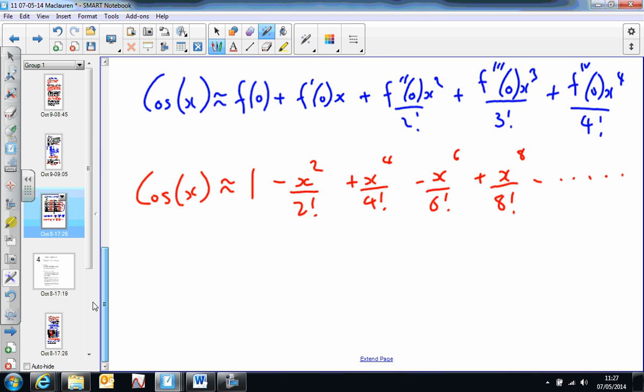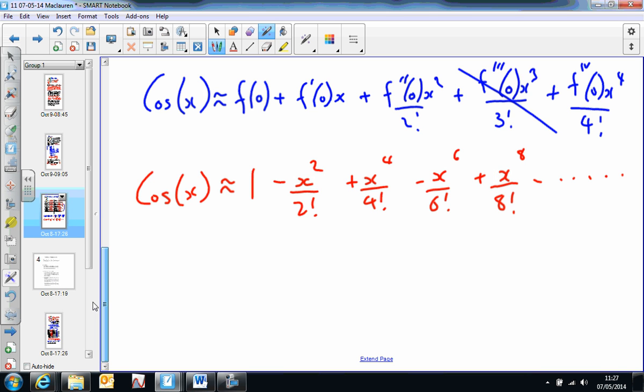So we can substitute those in. The value of the function at 0 is 1, so that's this. The first differential is 0, so that's gone. The second differential was minus 1, so that gives us minus 1 lots of x squared over 2 factorial, or just minus x squared over 2 factorial. The third differential was 0, so that's gone.